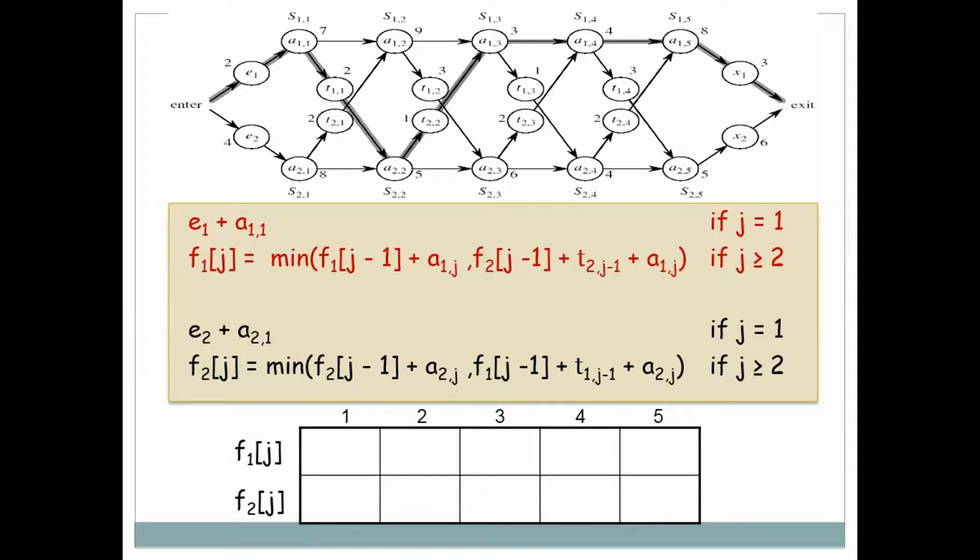For these points we will denote a variable j: j is 1, 2, 3, 4, 5, and also for this line j is 1, 2, 3, 4 and 5. This line will be known as f1 and this line will be known as f2.